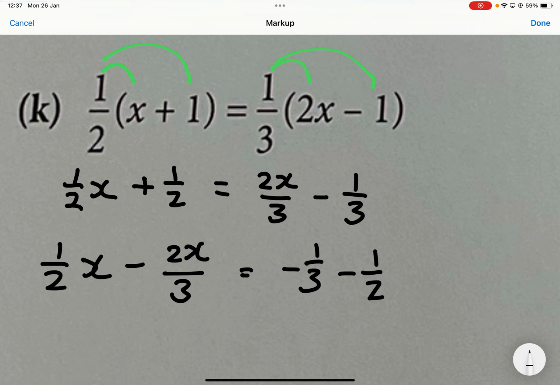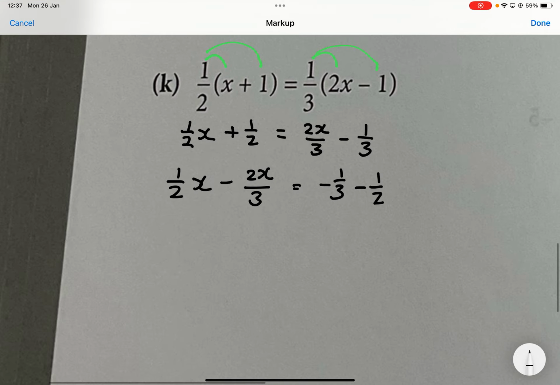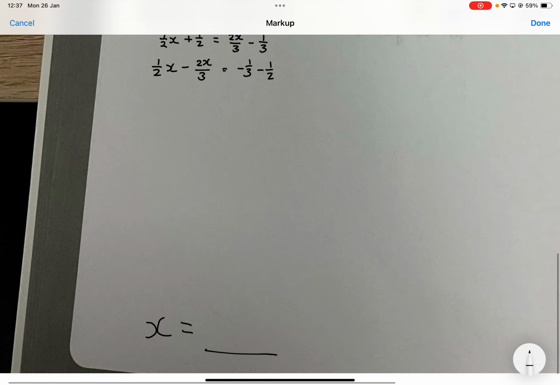I take away half here, I must also take away half here. Then I have managed to put all my x on one side, all the numbers on the other side. Then I am one step closer to my answer. X is what number?